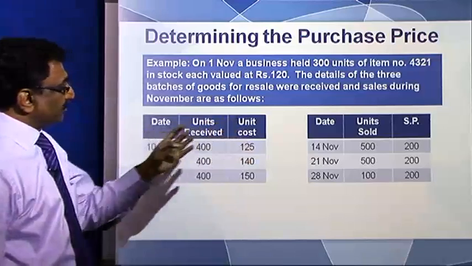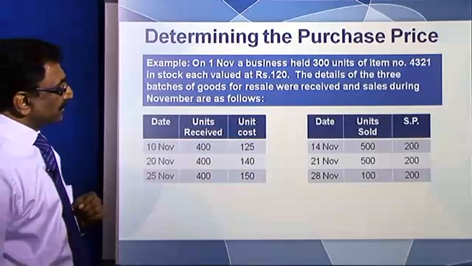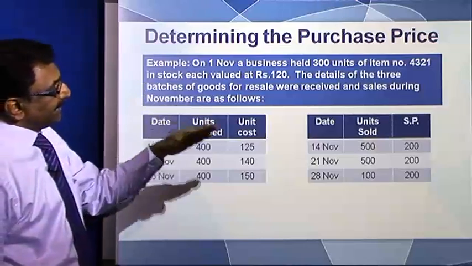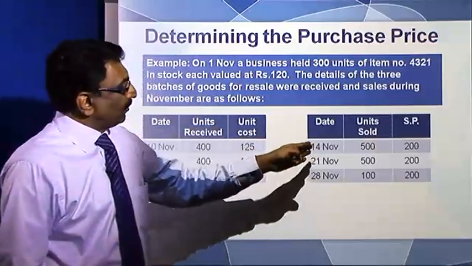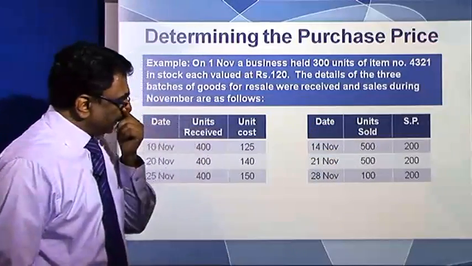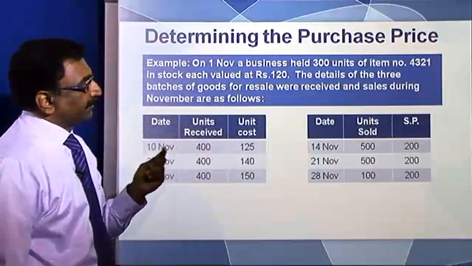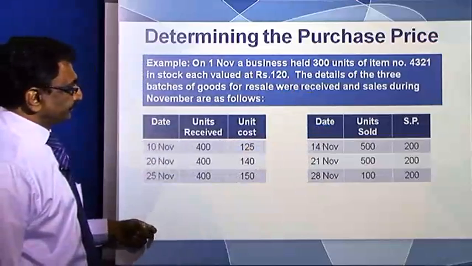The first batch was 125, the second batch was 140, and the third batch was 150. And then the sale of these finished goods happened: on 14th November 500 units, 21st November 500 units, and 28th November 100 units. All were sold at a selling price of 200 rupees each.